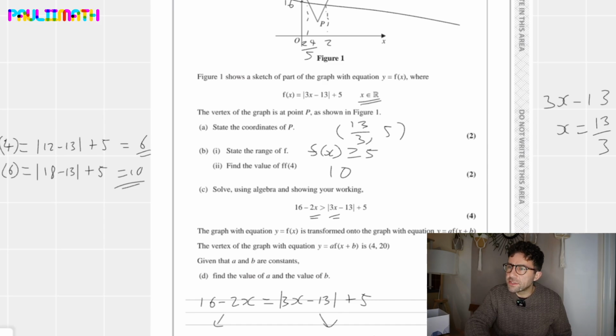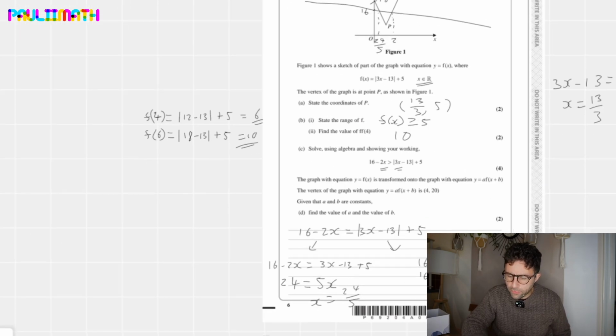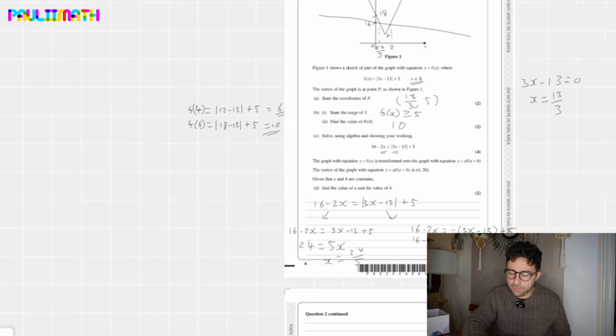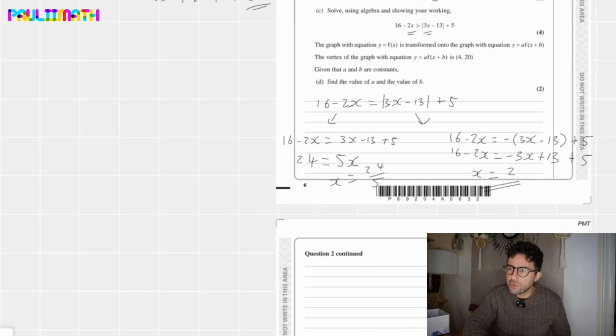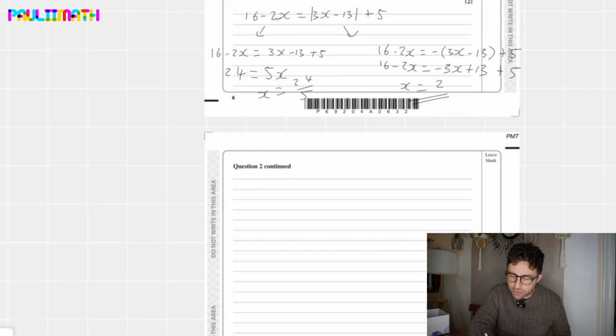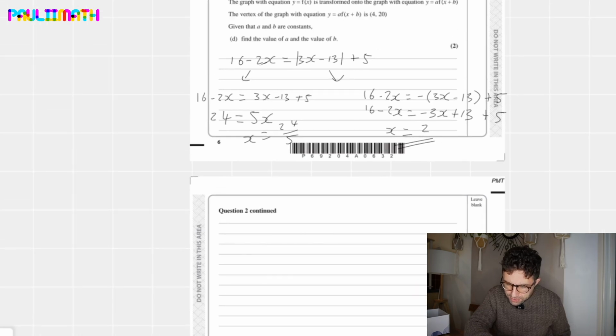The places where the line is bigger than the modulus graph is the bit in the middle here. That bit in the middle between where they intersect is where the line is bigger than the modulus graph. From a visual perspective, you always want to do a bit of visual work for modulus solving. Let me just check what the question's asking.